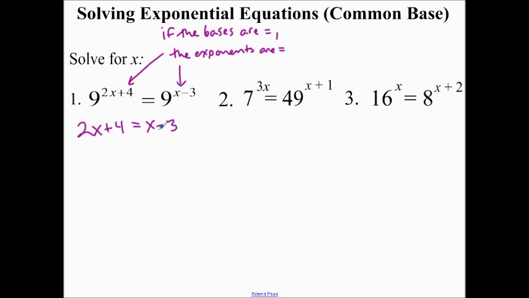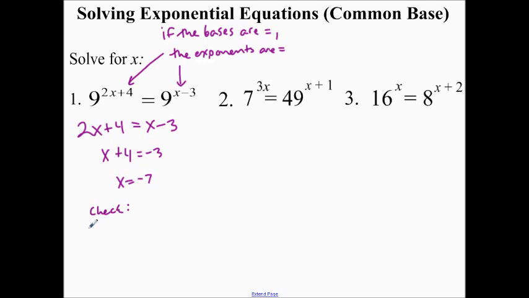Okay, so hopefully you subtracted x from both sides, got x plus 4 equals negative 3, subtracted 4 from both sides, and you ended up with x equals negative 7. And now all we can do is do our check. So in each one of these, you should do a check.